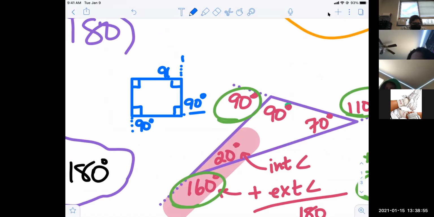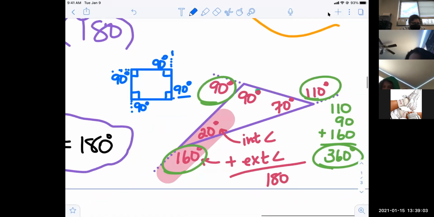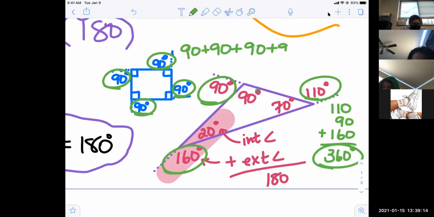The exterior angles would be 90. What's the sum of the exterior angles in that square? 360. That is not a coincidence. When you add up all those angles on the outside, the exterior, you again get 360.